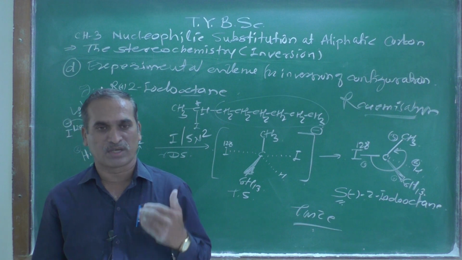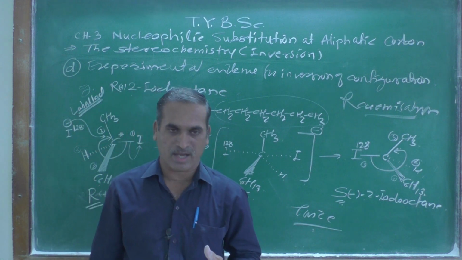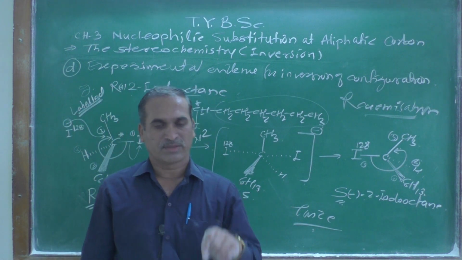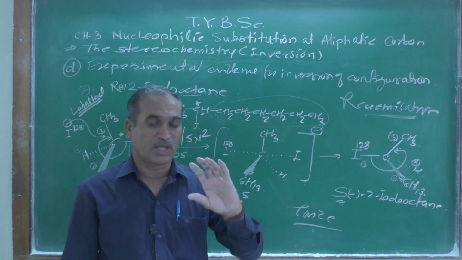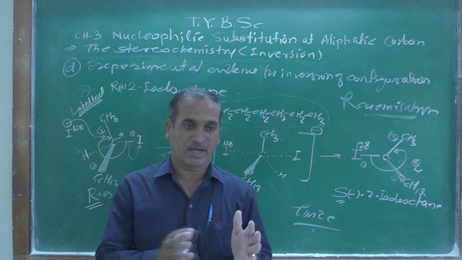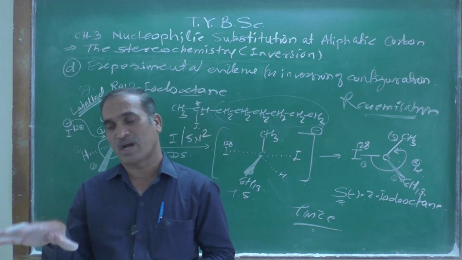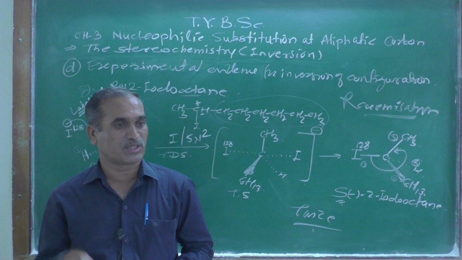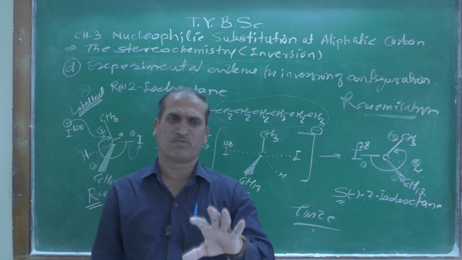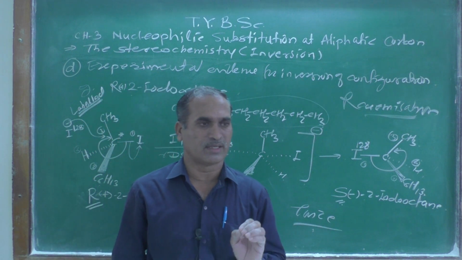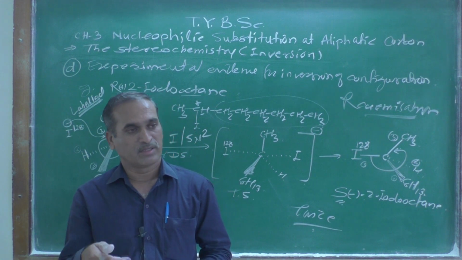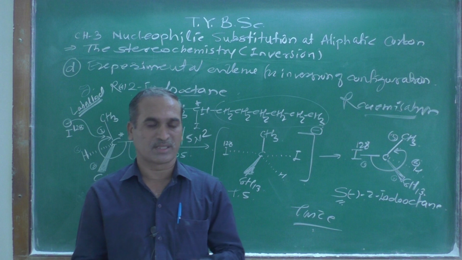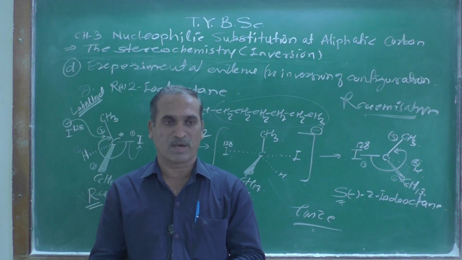After that, the proposed mechanism, why backside attack of the nucleophile, then the transition state, and after that the energy profile diagram, and after the energy profile diagram we learned the stereochemistry for the SN2 reaction, and we found that there is an inversion of configuration, and there are some evidences. How does the nucleophile approach?